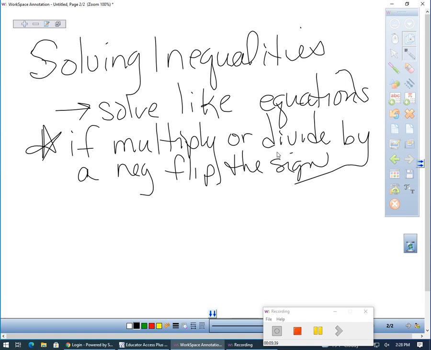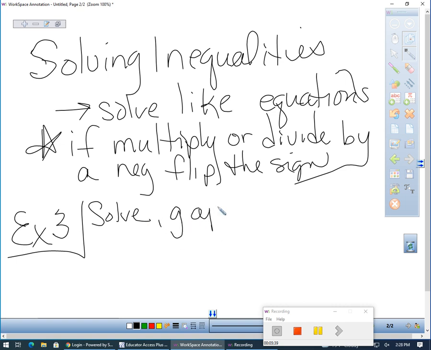All right, so here is example number 3. I'm going to ask you to solve. Graph. And if we graph, we have to do interval notation. Okay? All right. Let's go with this.